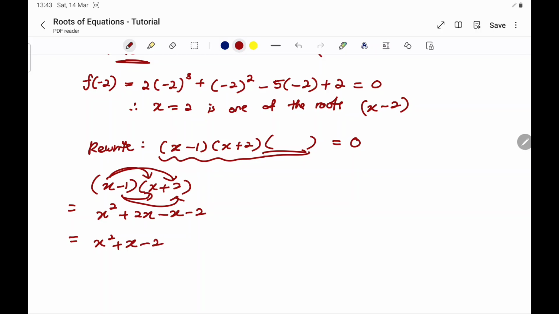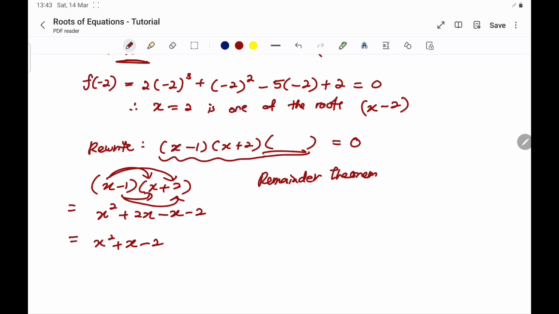So what you will do here is that you will use the remainder theorem, where we will do a long division method. Sorry, I was confused for a while just now.